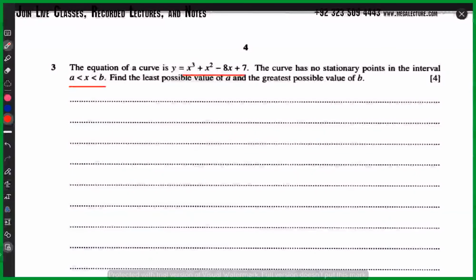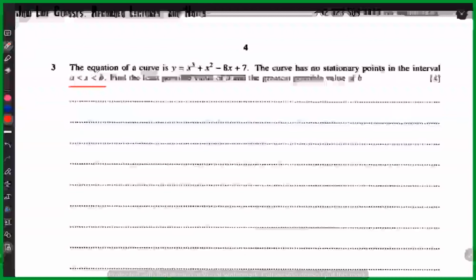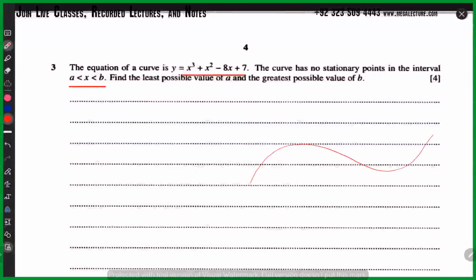This basically means that if I talk about the graph of x cubed, it's going to be something of this type, a random graph. And they're saying that the curve has no stationary points in the interval. So find the least possible value of A and greatest possible value of B.